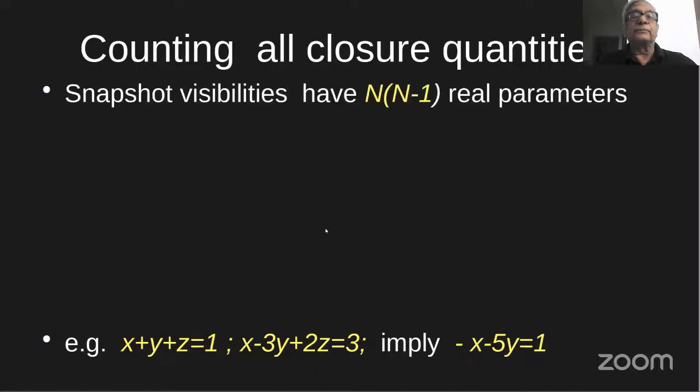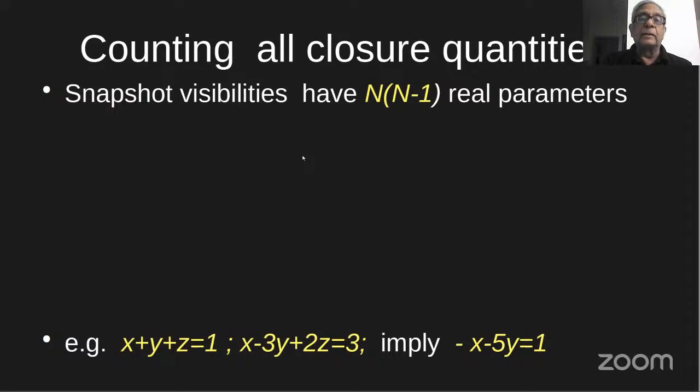So now we have n into n minus 1 by 2 baselines, but each gives you a complex visibility, right? So multiplying that by 2, we are always going to count real parameters. The measured visibilities have so many real parameters. And of course, the true visibilities also have the same number of real parameters.